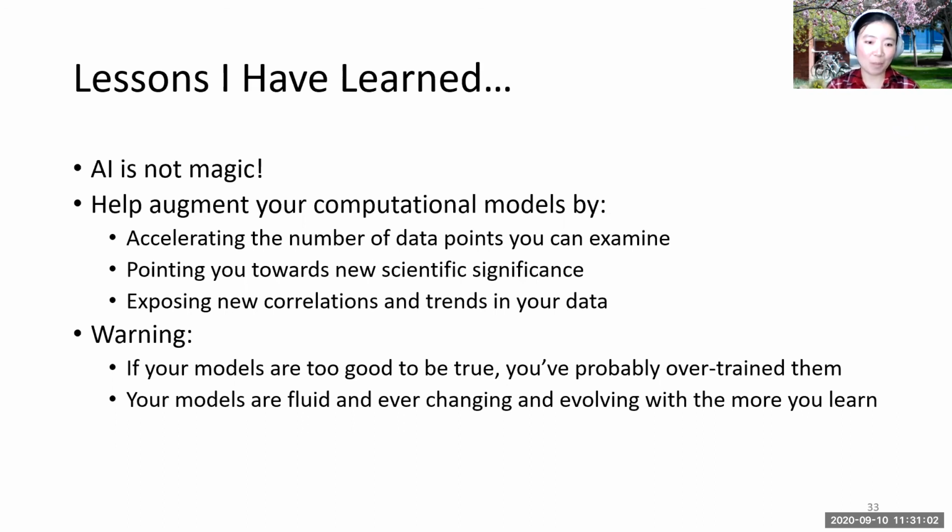And second, your model is fluid, ever changing and evolving with more learning. If you run that closed loop more, your model will become better and more effective. That's what I have learned so far.